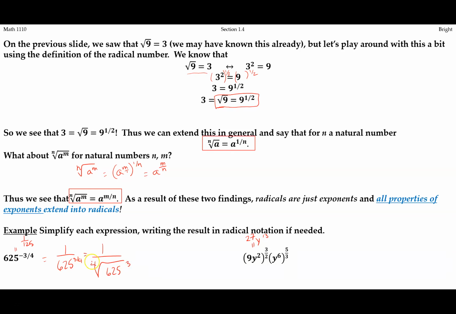It doesn't matter if you have the 3 under the root with the 625, or outside, but this way of looking at it is a little bit easier to work with. Because if you do the 4th root of 625, with a factor tree or whatever you need, you know it ends in 5, so it's divisible by 5, and that ends up being 5 to the 4th, or just 5, and then you cube that, so you get 1 over 125.